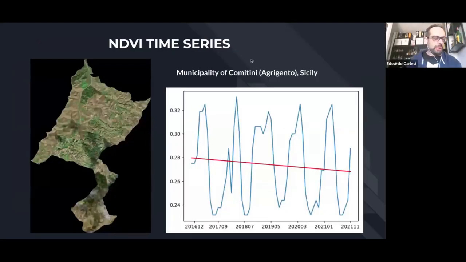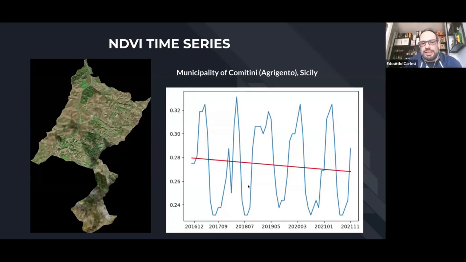What we can do is use satellite imagery databases that start from 2016, when we talk about the Sentinel-2 mission from ESA. And what you see here are oscillations that are, of course, related to the different seasons. This is the vegetation in a municipality in Sicily.